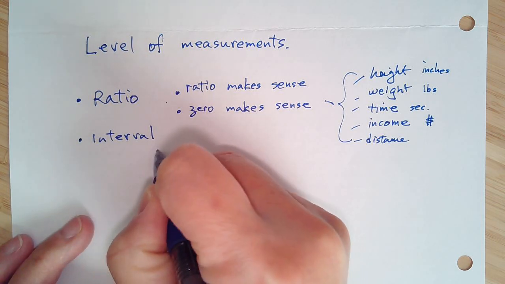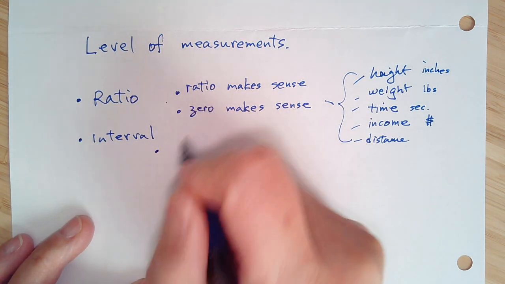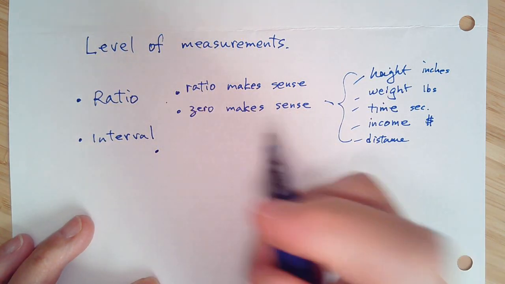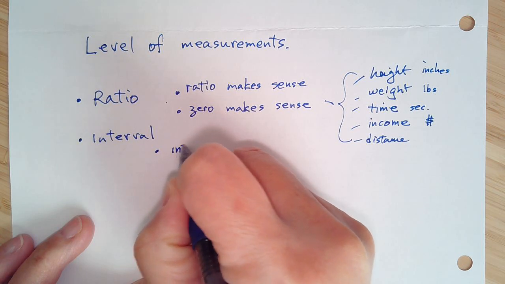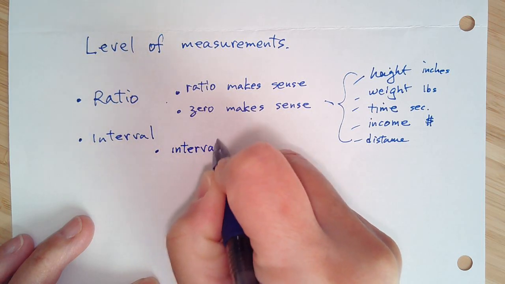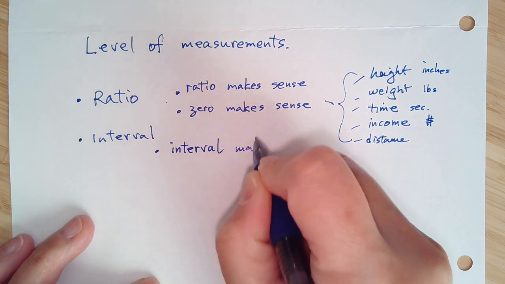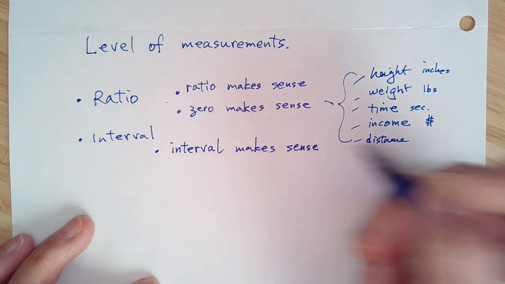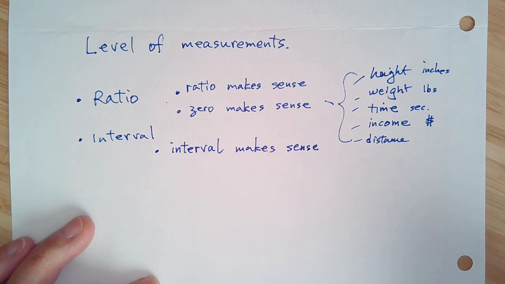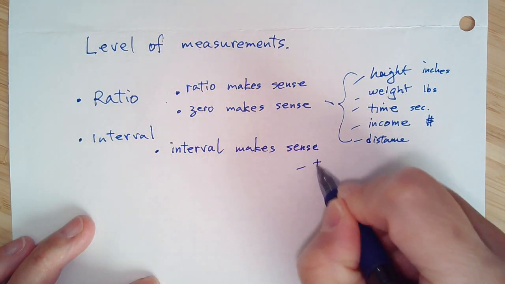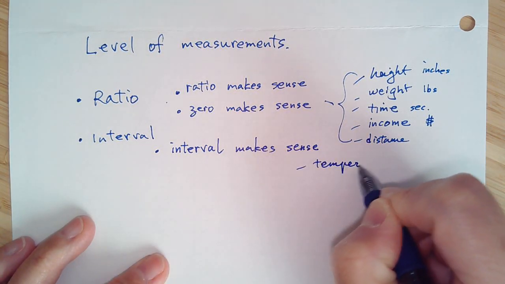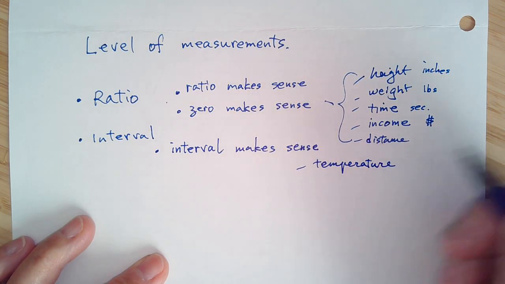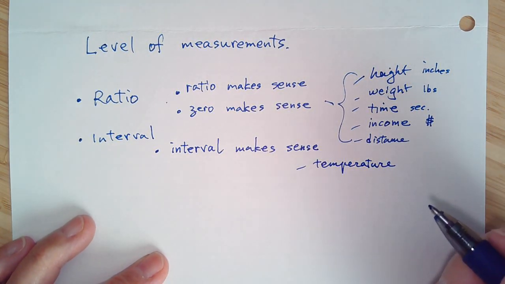For interval data, we don't care about the ratio, and the ratio doesn't make sense and the 0 doesn't make sense. However, the interval makes sense. All right, what is that? I'll give you one example, temperature. Because right now we're very familiar with the Fahrenheit.